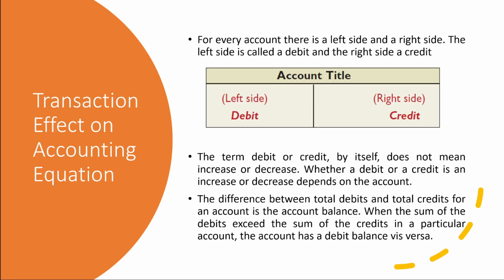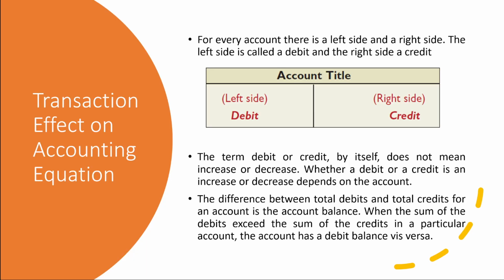Now, for every account, there is a left side and a right side. The left side is called the debit side, and the right side is called the credit side. So for each and every account that is going to be affected, that we're going to record on our accounting equation, we will have to classify the account as an asset, as a liability, or as an owner's equity account.